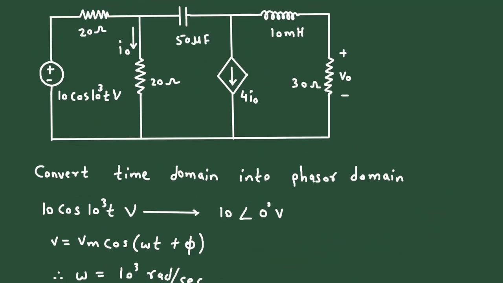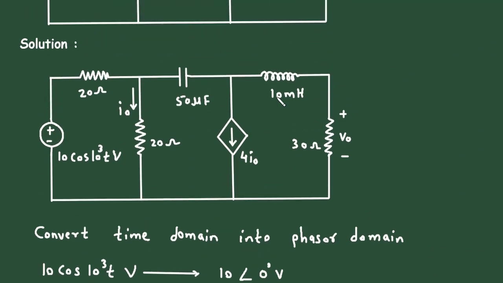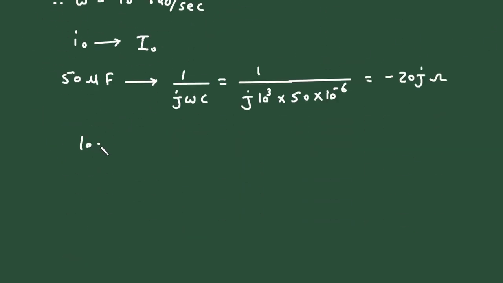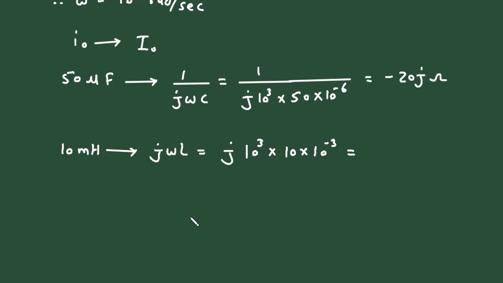ohm. Then next, 10 millihenry. This 10 millihenry will change to j omega L. So j into omega value is 10 to the power 3 multiplied with inductance value is 10 multiplied with 10 to the power minus 3.